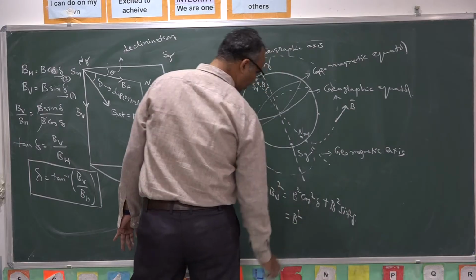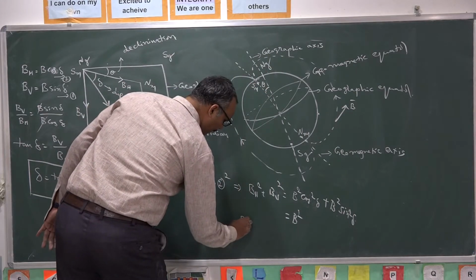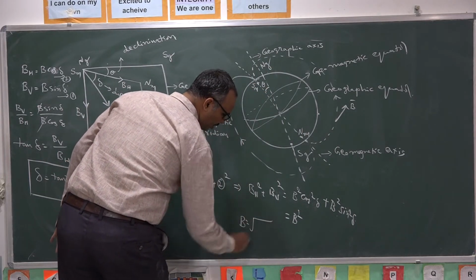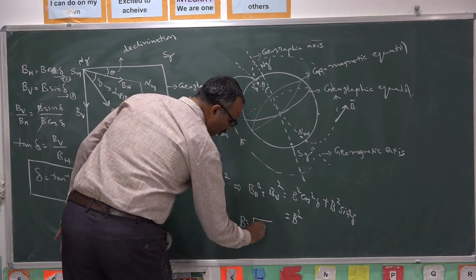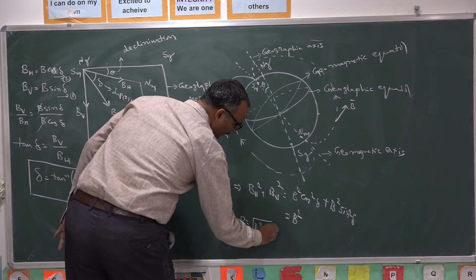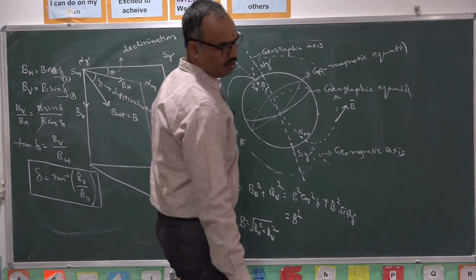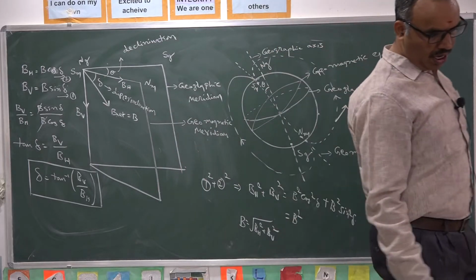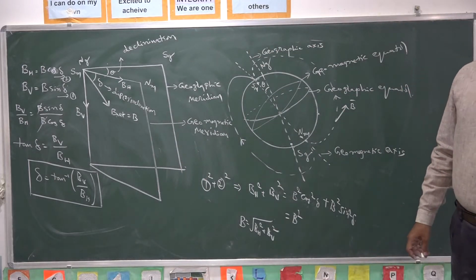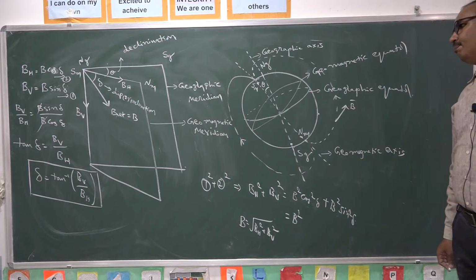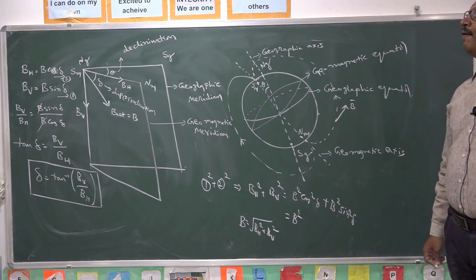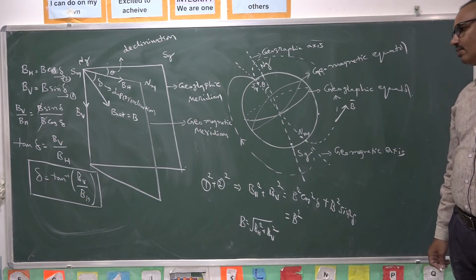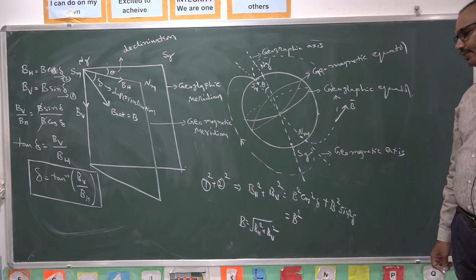Cos square delta plus sin square delta is 1. Then net magnetic field at a given place is given by root over BH square plus BV square. These relationships are helpful to us for finding dip and net magnetic field strength at a given place.